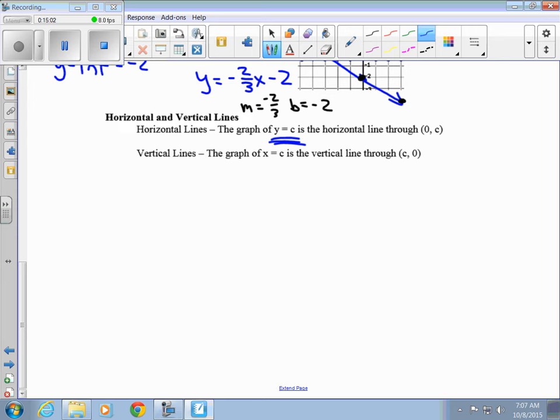I have y equals -7, it's a horizontal line through -7. All right, so vertical lines then will be x equals some number. If you have x equals 4, it's a vertical line through 4. You have x equals -6. It's a vertical line through -6.